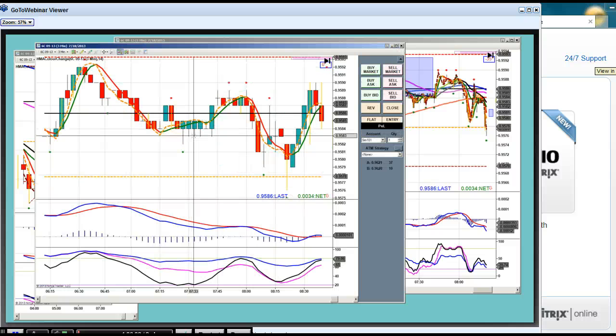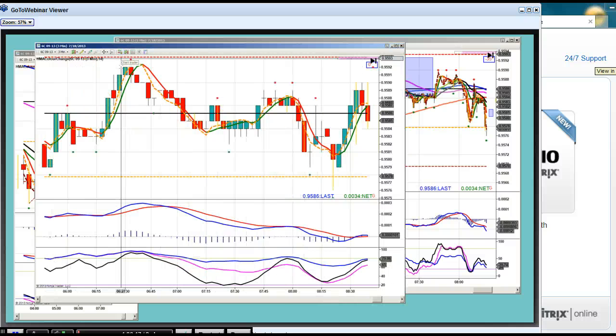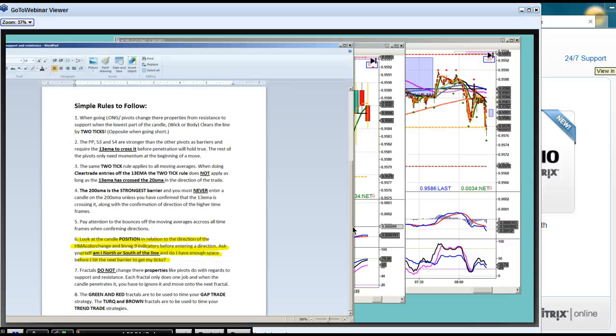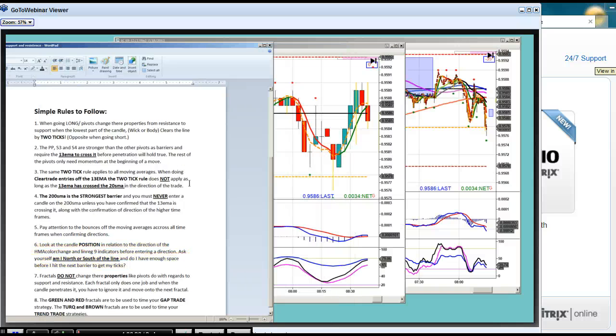For this demonstration, remember, we want to look at the candle position in relation to the direction of the HMA and the LinReg 9 before entering. And we want to ask ourselves, are we north of the border or are we south of the border? So here's an example.